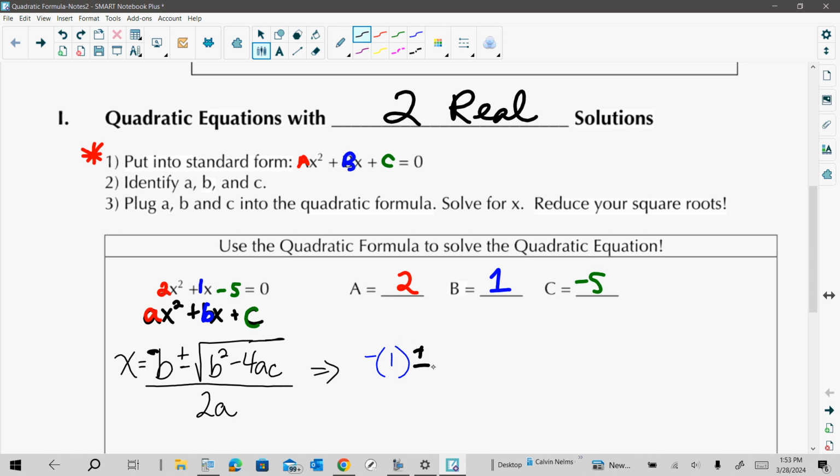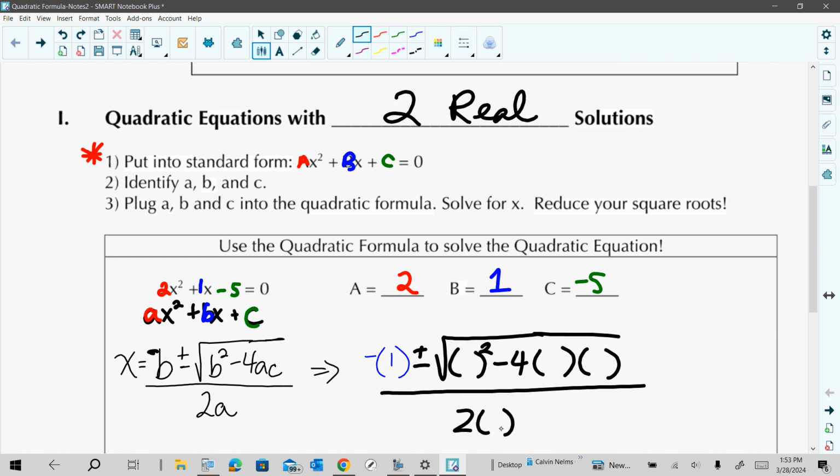We've got plus or minus here, and we're going to do our square root: b in parentheses squared, minus 4 in parentheses times a times c. And this is all over 2 in parentheses. So our b is 1, our a we're substituting with 2, and our c with that negative 5.